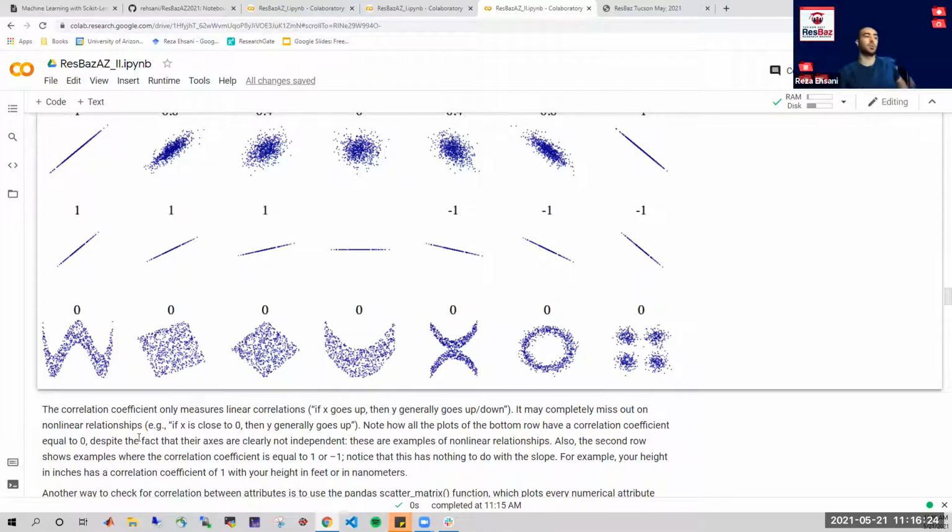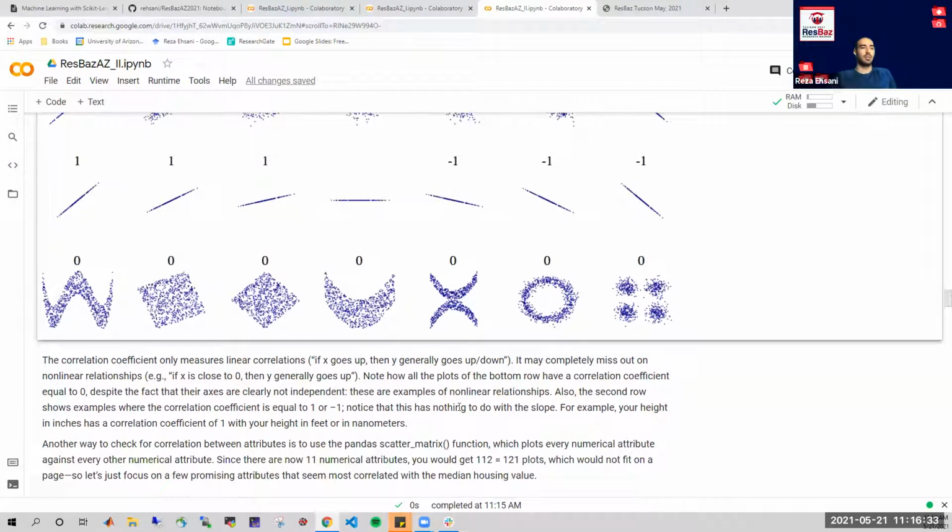That is, for example, if x is close to 0, then y generally goes up, and vice versa. Note how all the plots of the bottom row have correlation coefficients equal to 0, despite the fact that their axes are clearly not independent. These are examples of nonlinear relationships.